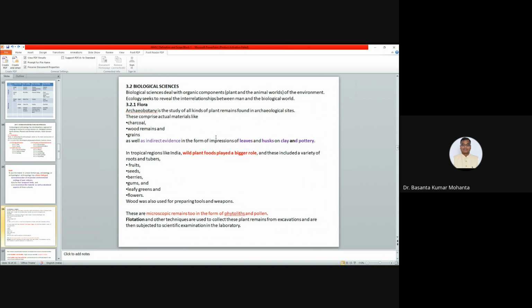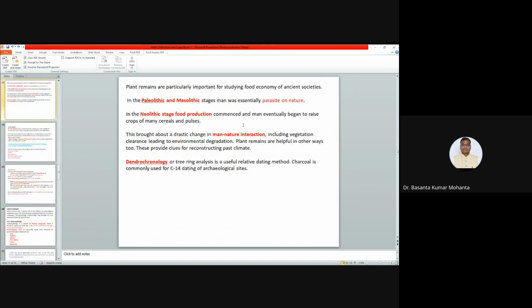Because of that, these plant products are available from different archaeological sites, maybe in the form of wood, fossils, or charcoal, etc.